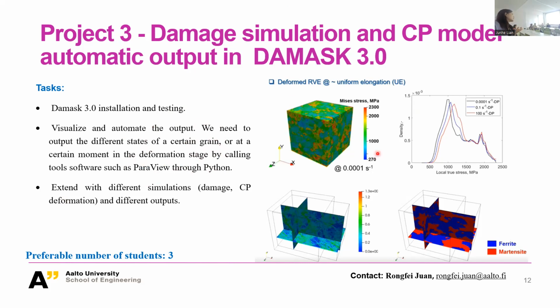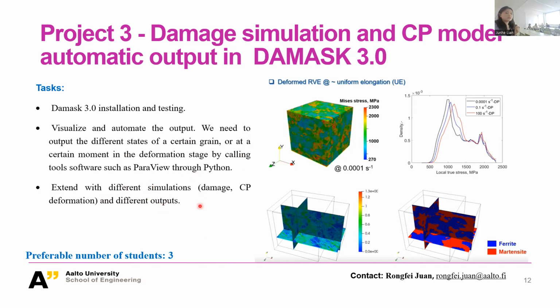Here's our representative volume element, and here are so many grains in there, and we need to output a certain grain or a certain moment in the deformation stage by calling software such as Parallel, as I mentioned, through Python, for example.